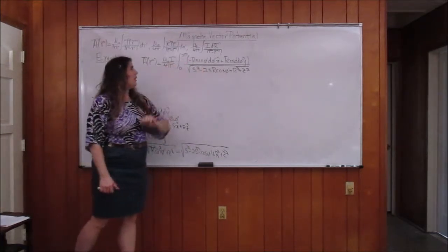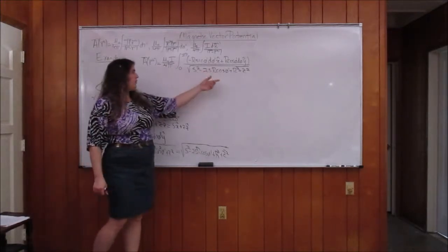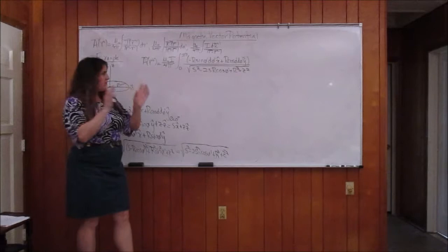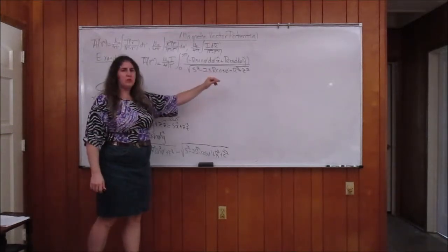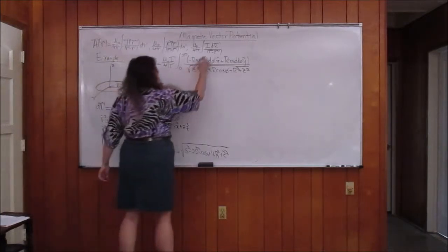The first term, the term that's in the x direction, is going to integrate to 0 because you'll wind up with the square root of something plus something plus something and a cosine phi prime, and that'll be evaluated from 0 to 2 pi, which will go to 0. So that term drops out.